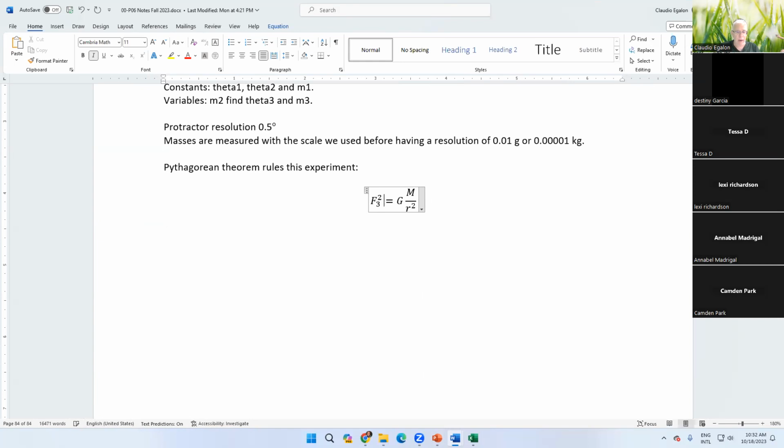F3 squared is going to be equal to F1 squared plus F2 squared.